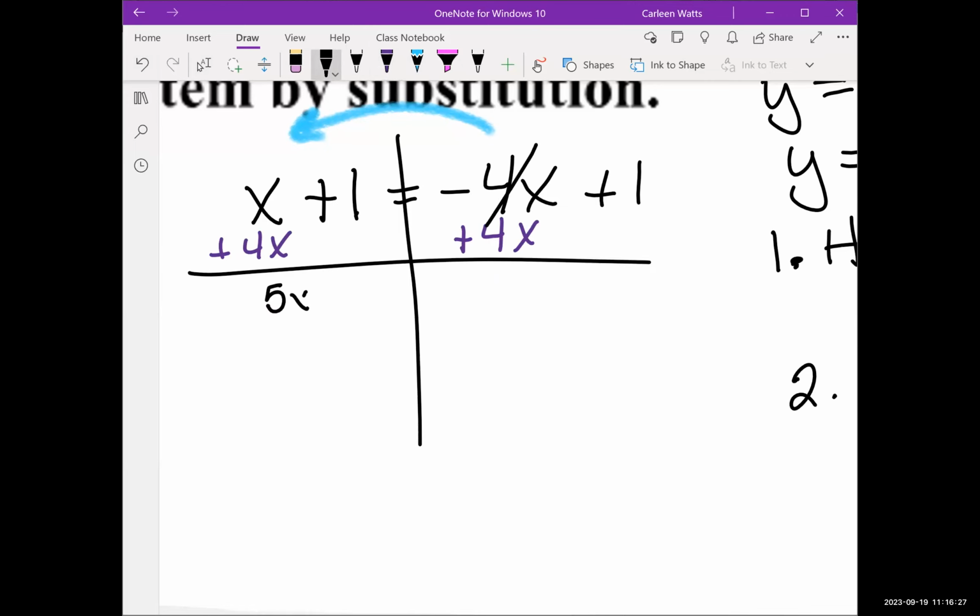So 5x plus 1 is equal to 1. Isolate your variable, subtract 1. 5x is now equal to 0.